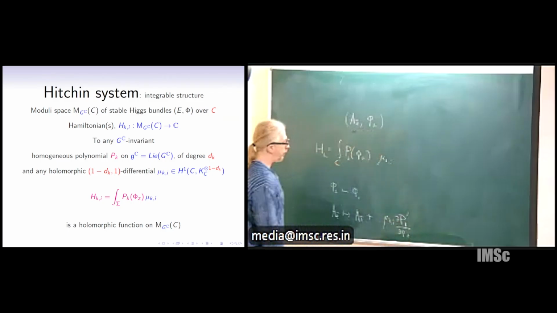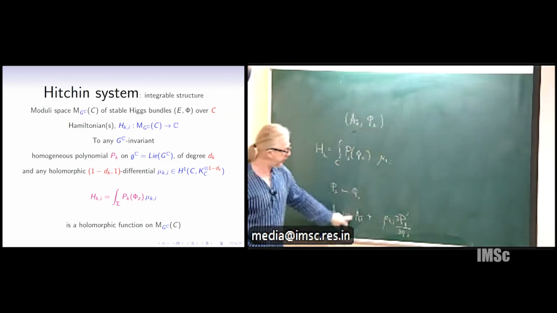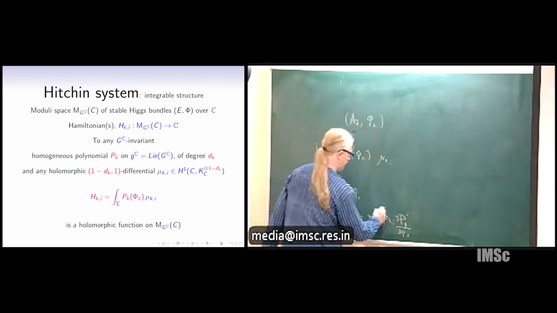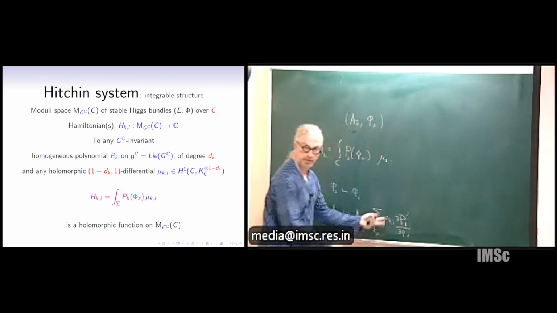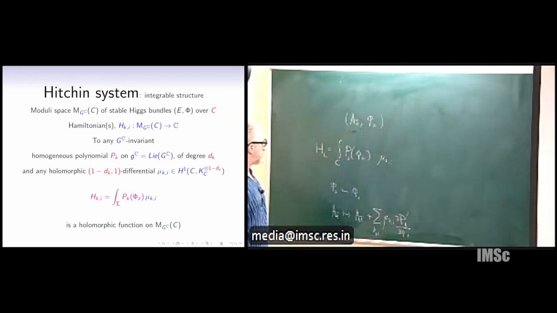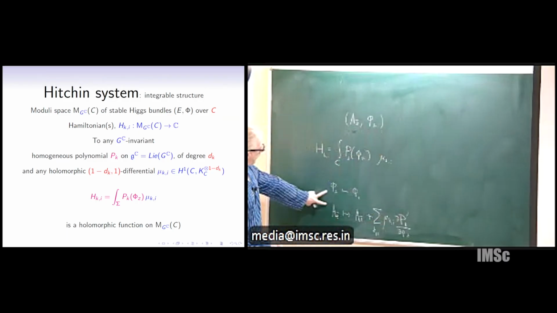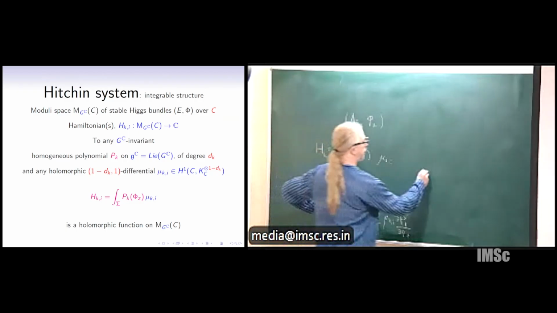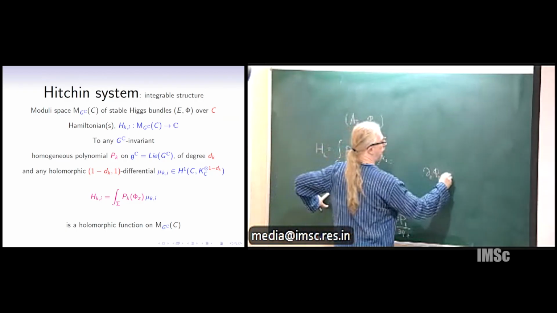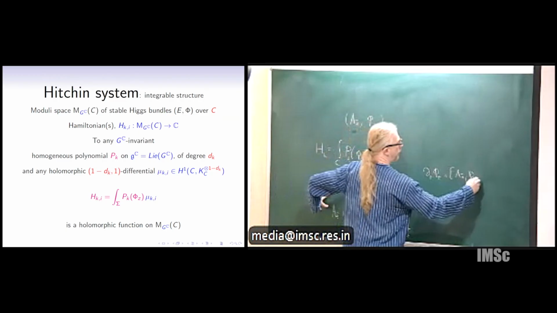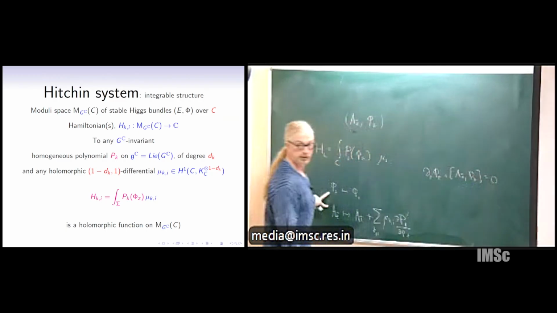Right. Now, this is on the infinite dimensional space. So then it's obvious that these things commute because phi doesn't change, and so you can put here the sum over k independently. But now we want to perform a reduction, and so it means that, first of all, we no longer consider an arbitrary pair of phi and A, but only those for which this relation is satisfied.